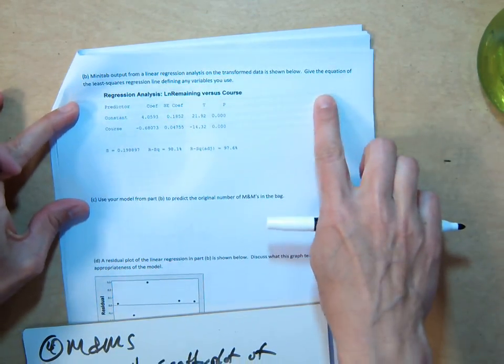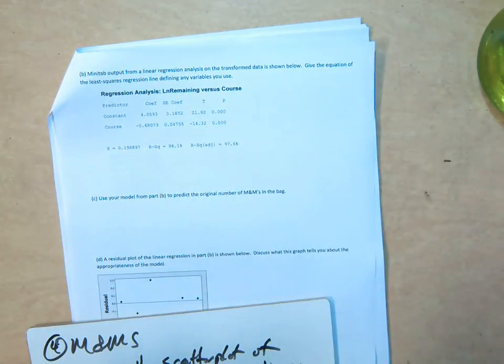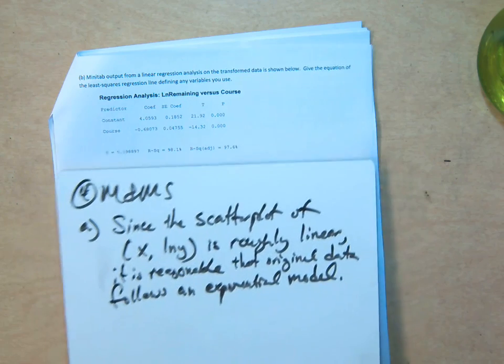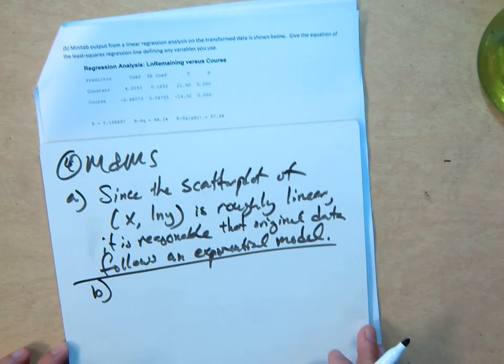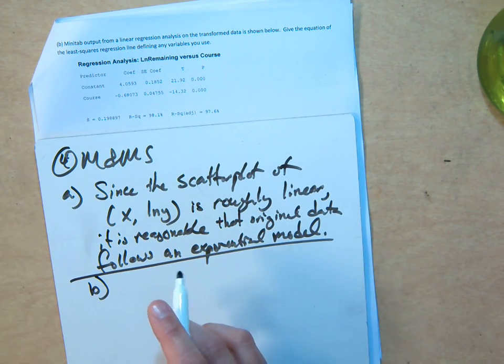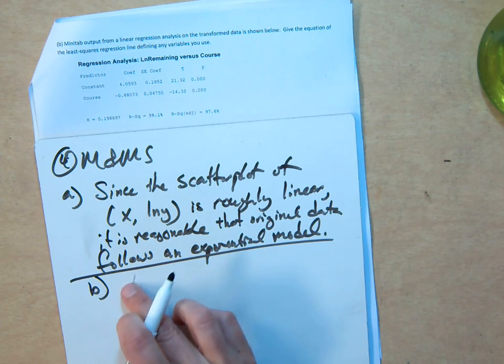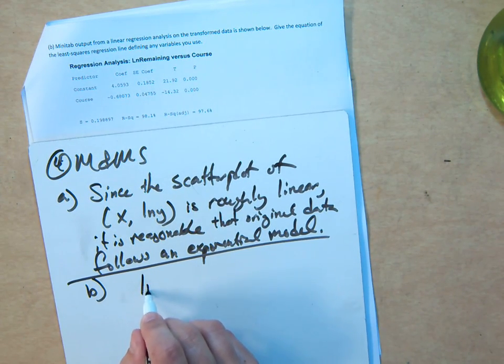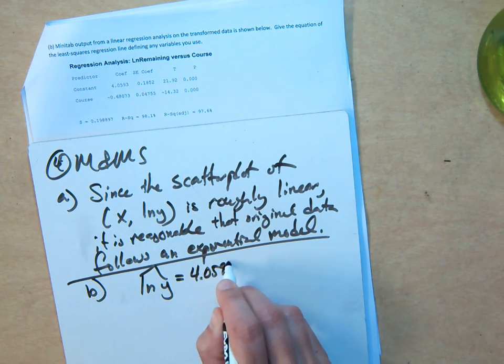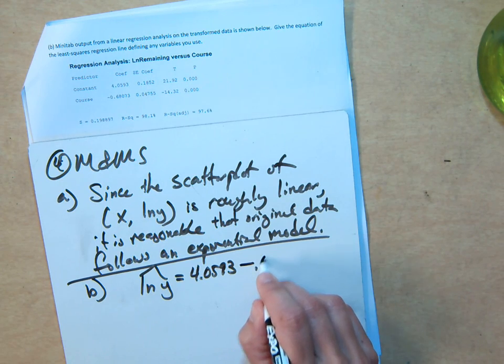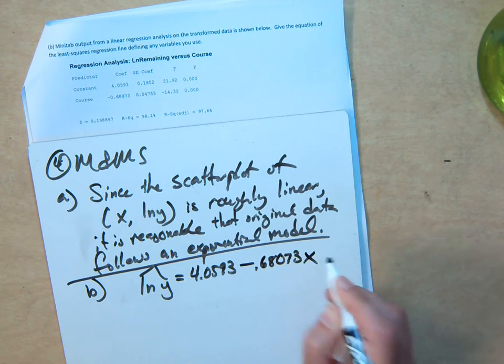Okay, and then for B, we have the Minitab output here, and we're asked to give the equation of the least squared regression line defining any variables we use. So for part B, we would say that the natural log of y hat equals 4.0593, the y-intercept, minus the slope, 0.68073x.